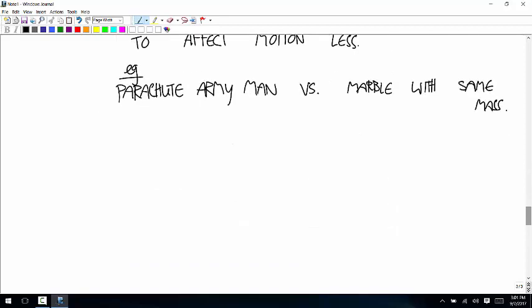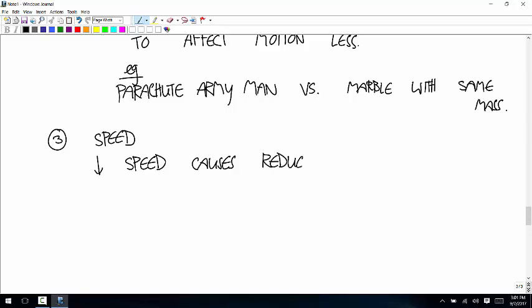And then the last one is speed. If you decrease the speed, that causes a reduced influence of the air resistance on the motion.